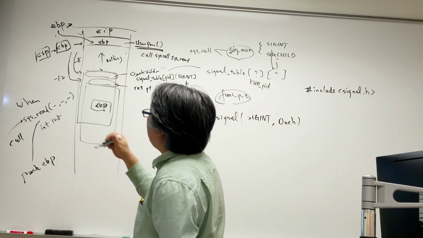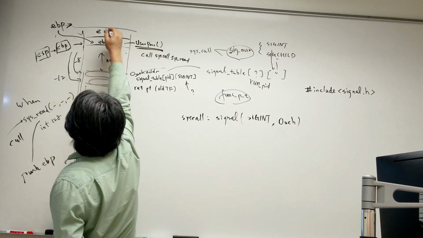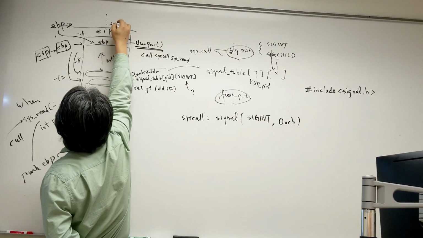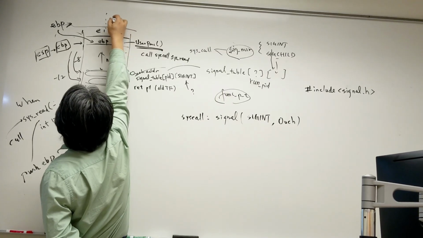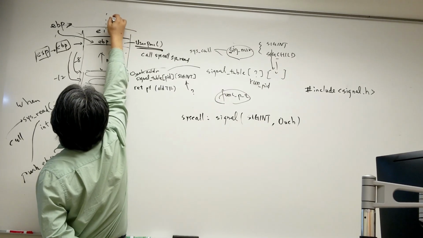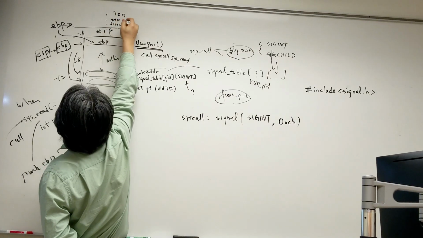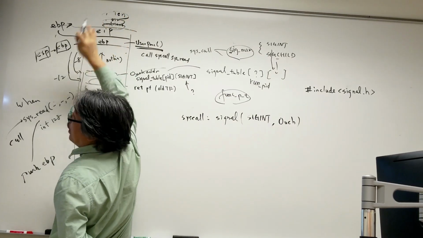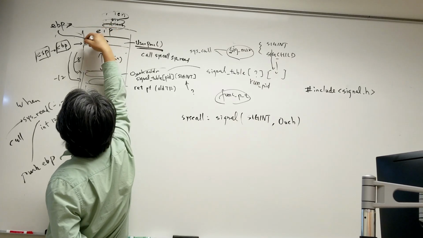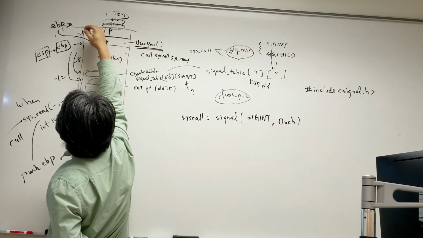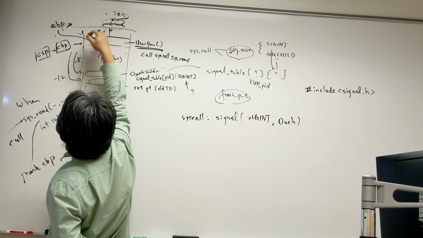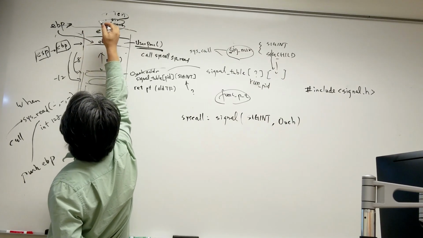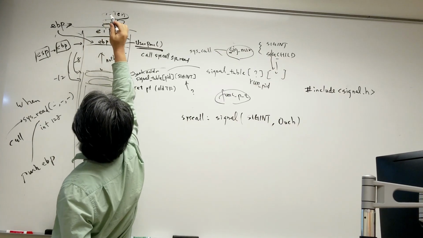So the 3 arguments are actually over here: the file number as the first argument, then the string, and then the length. So these 3 arguments are toward high memory, EBP plus 8, plus 4. EBP should now be plus 4.